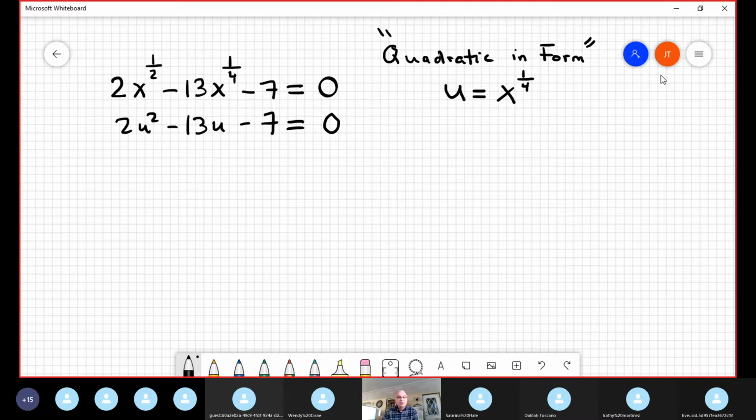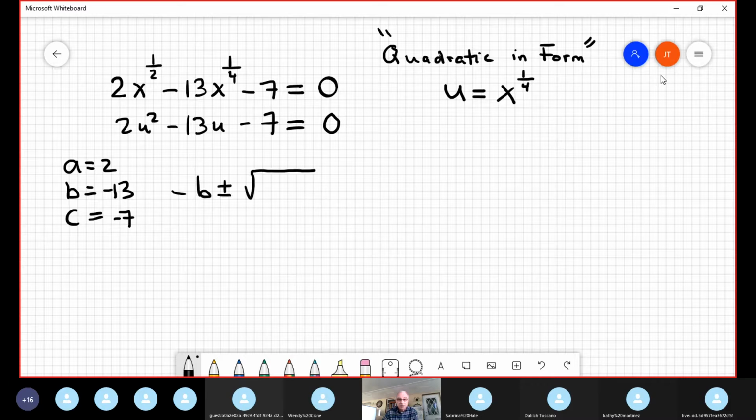And at that moment, we have a classical quadratic equation that we can solve by the quadratic formula, maybe, no? A is 2, B is -13, and C is -7. Okay, I'm plugging it into the quadratic formula: minus b plus or minus the square root of b squared minus 4ac, divided by 2a.